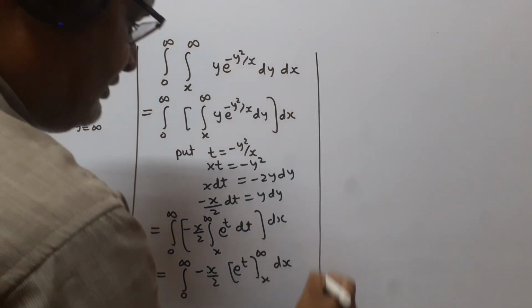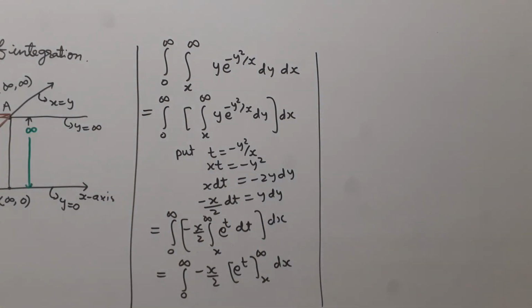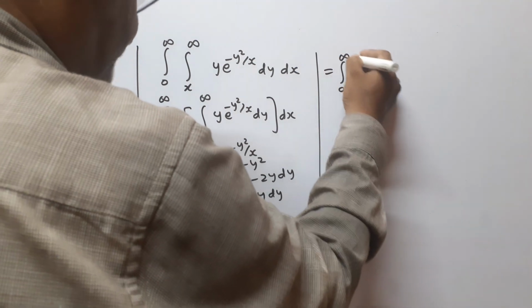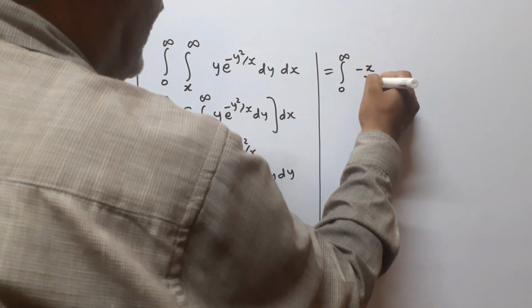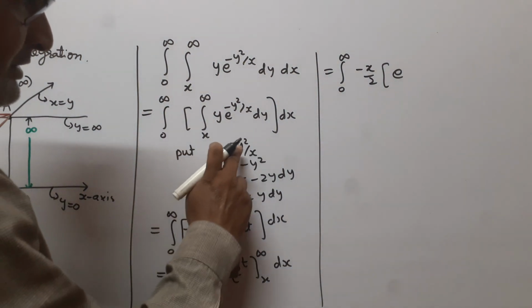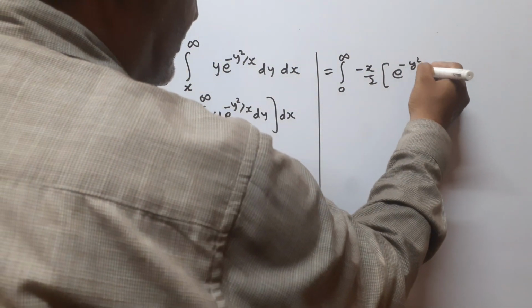Now we put upper limit minus lower limit in place of t. Here put the value of t, that is minus y square upon x.